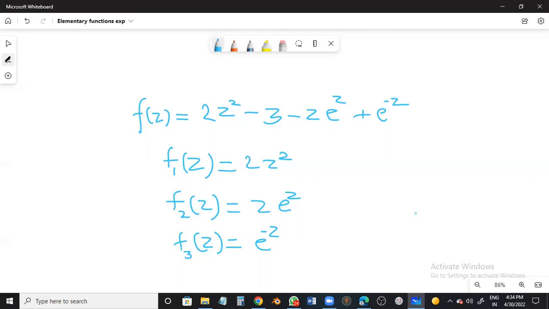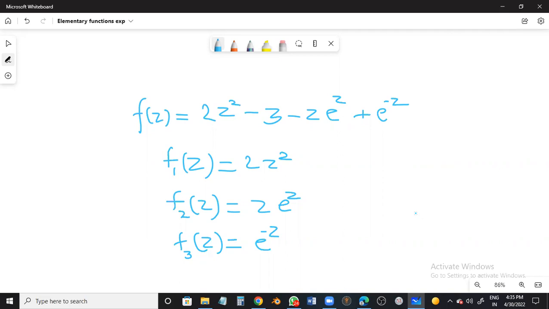What you need to do is go for sufficient conditions. What are the sufficient conditions? Partial derivatives exist as a continuous function, and the Cauchy-Riemann equations hold.